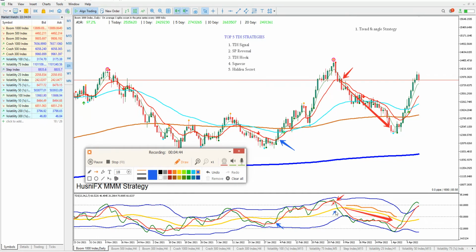There is a condition here which shows that after the cross there is a breakdown of the yellow line, and the green and the red one also made crosses.